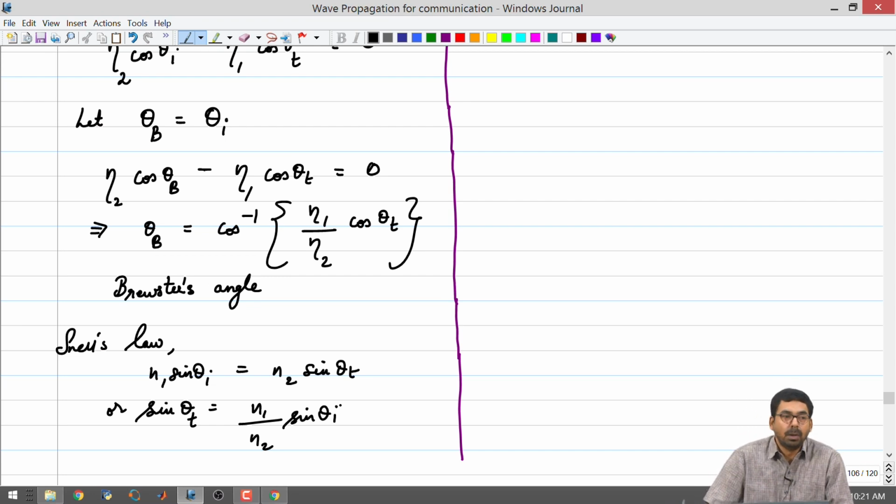So, I can do square root of 1 minus sin square theta t, and I can do the same thing for the right hand side. So, I will end up getting square root of 1 minus n1 square divided by n2 square sin square theta I to be the substitution for this cos theta t term over here. So, I could always do that instead of theta I, it is a special angle, I will call it as theta b and make a substitution in the prior case.